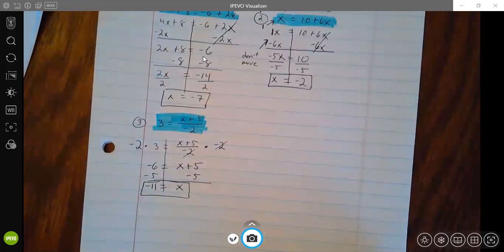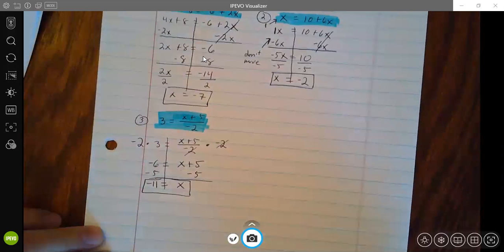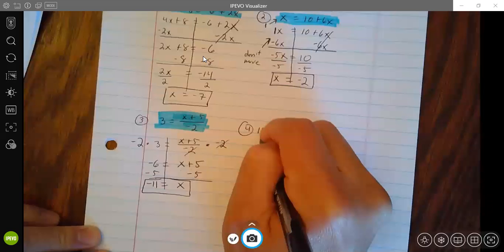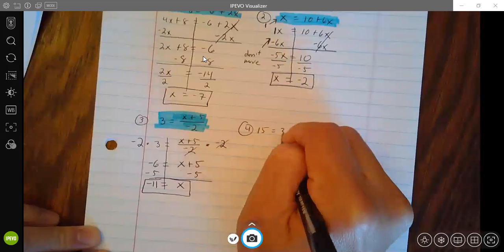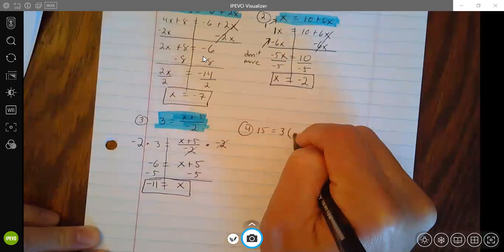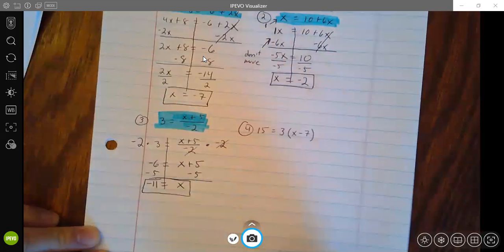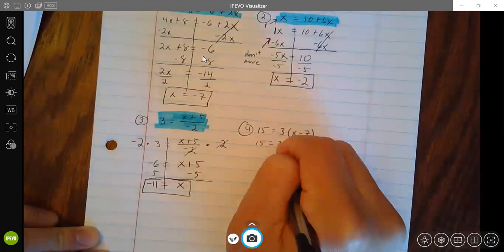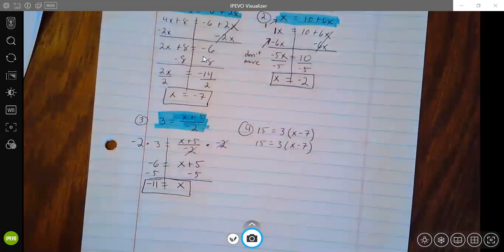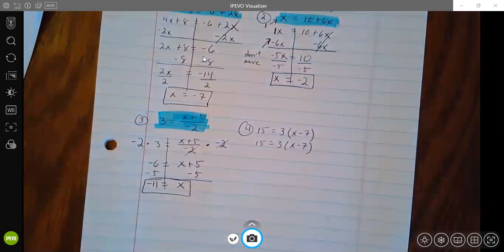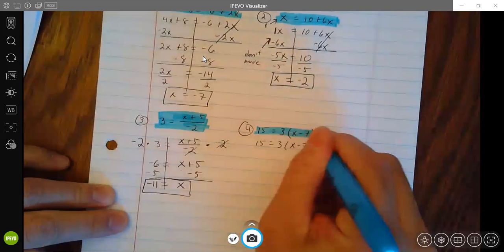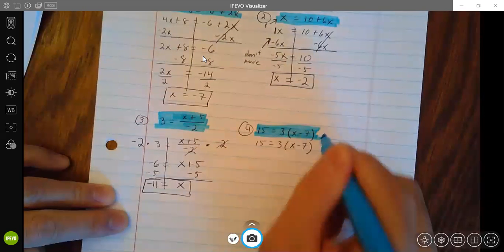Okay. All right, so another one, number 4. 15 equals 3 times the quantity of x minus 7. Okay.